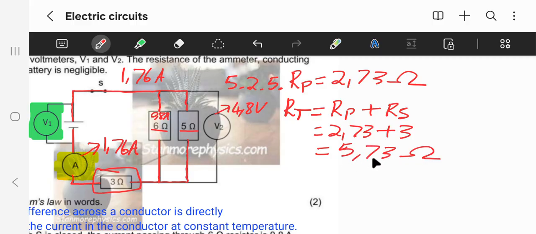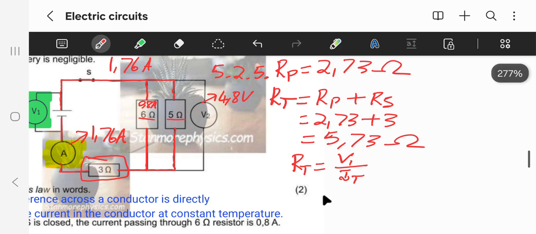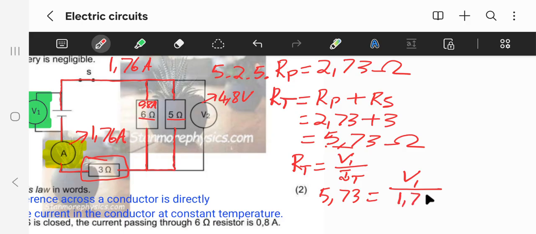5.73 ohms. Once we find this total resistance, we will use the Ohm's law formula, which is RT equal to V1 divided by IT, where RT is the total resistance. When I substitute, my RT is 5.73, equal to V1, which is what I'm looking for, divided by my IT, this total current, which is 1.76.